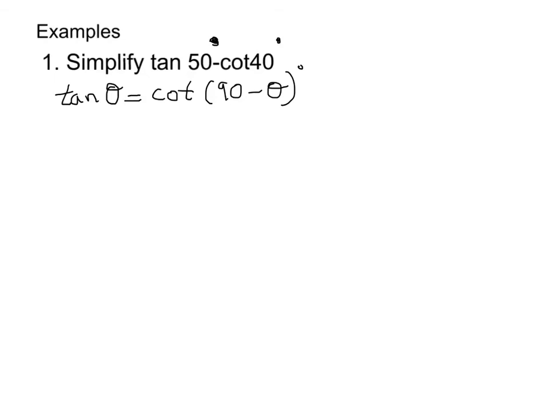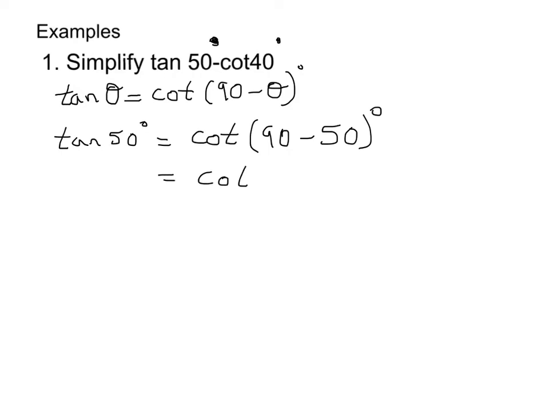Okay, so remember I said tan is best friends with cot, so we're going to now change tan 50 therefore is equal to cot. So we're replacing theta for 50. 90 minus 50 degrees. So that gives me cot 40 degrees.